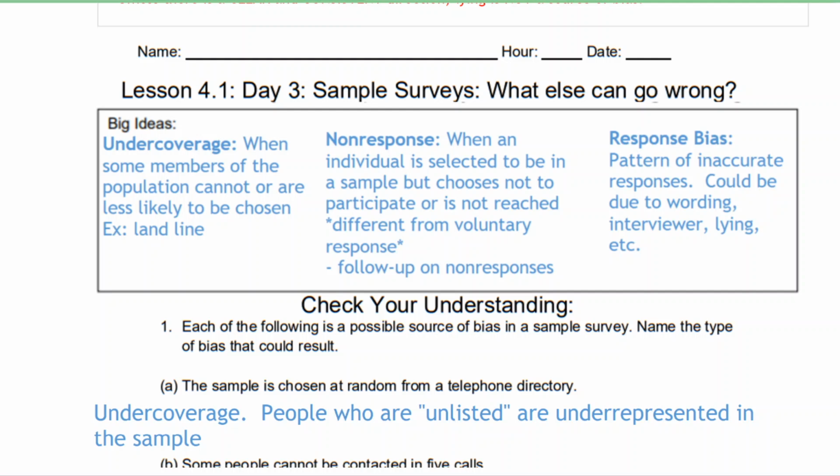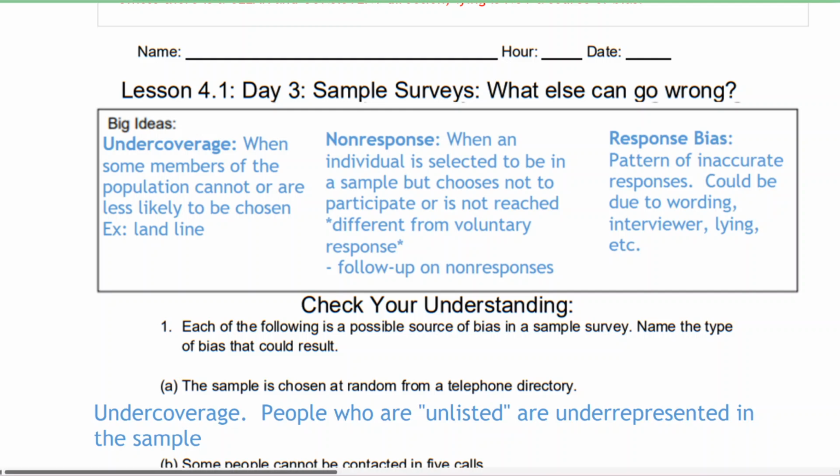Non-response bias is when an individual is selected to be in the sample but chooses not to participate. This is only really a problem if the non-respondents have the opportunity to reverse the outcome of the survey. Now, this is a little different than the voluntary responses.